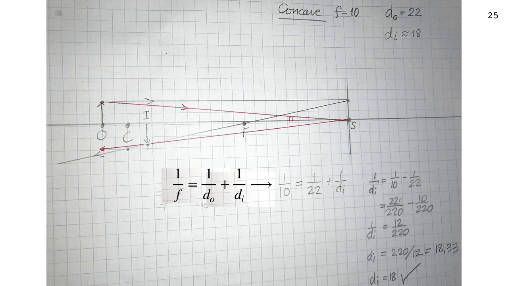So it's actually going through this point over here. All right. And so on graph paper, you can do this really nicely. So try to do that. All right. So here it is outgoing. All right. So there's my first principal ray.